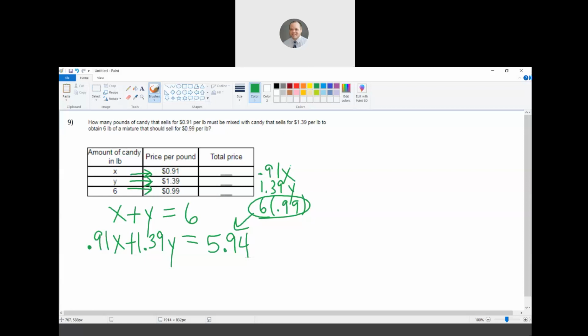Now you can leave the decimals in or you can get rid of them like I'm about to. To change each decimal into a whole number, just move each decimal point 2 places to the right.